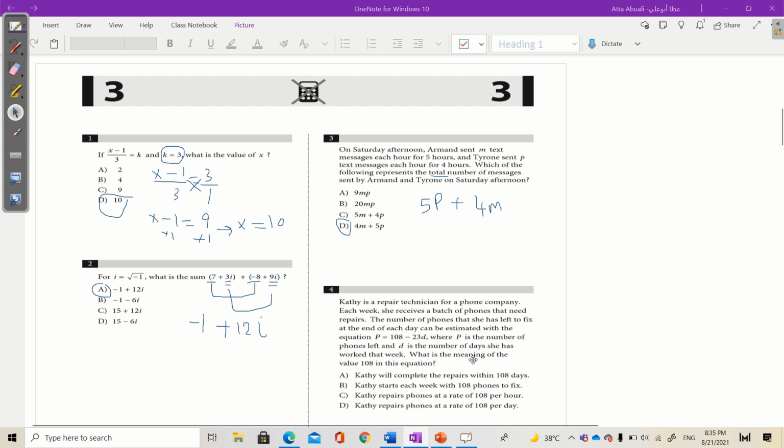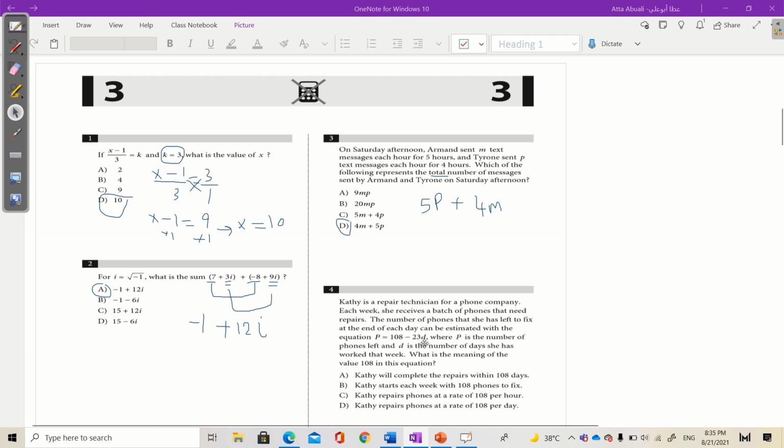What is the meaning of the 108 in this equation? As you know here, D represents the number of days she has worked that week.